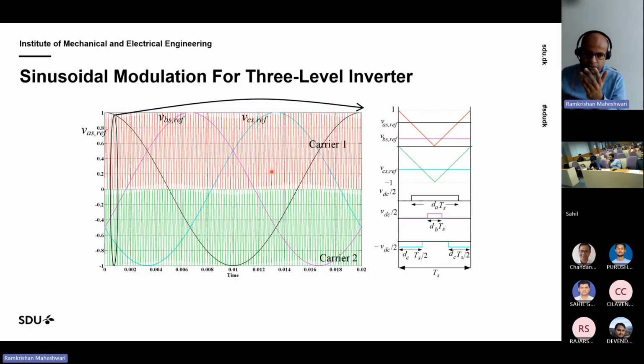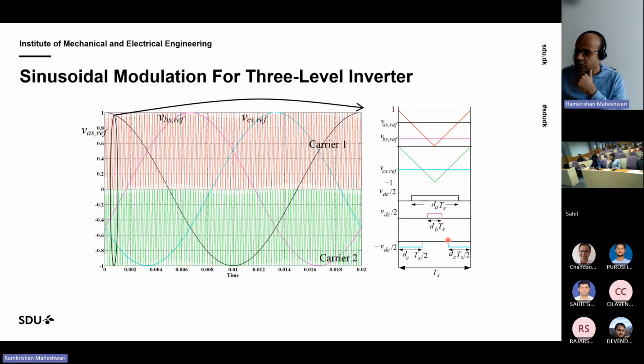And when we do the proper sinusoidal PWM, we achieve something like this. So now you can see here that we have 0 and plus VDC when the reference is positive, and minus VDC and 0 when the reference is negative.